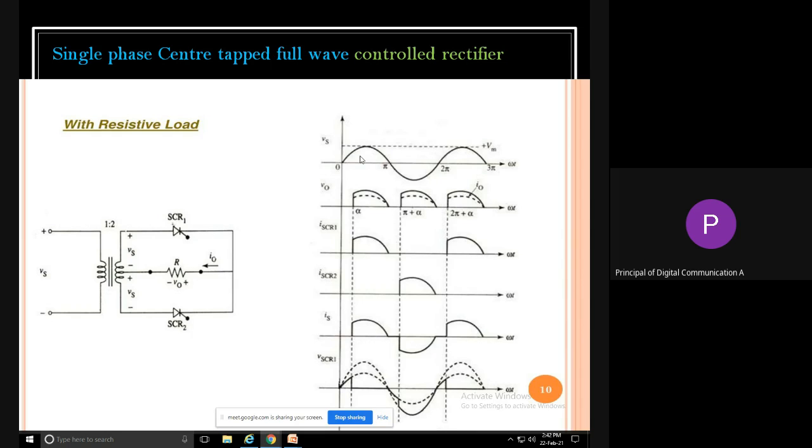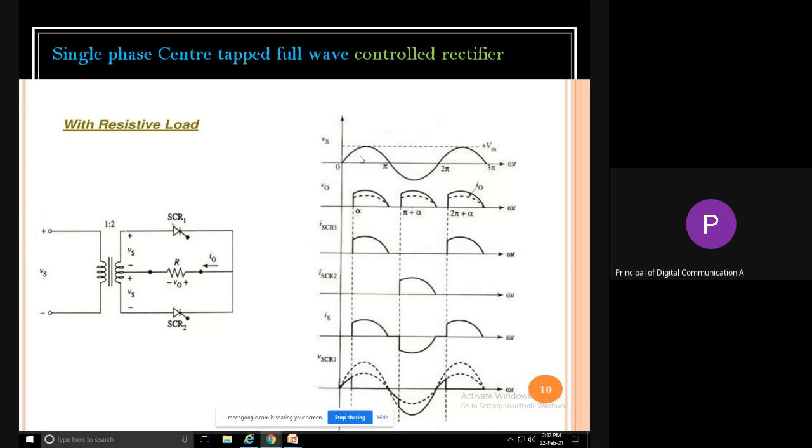Two SCRs, SCR1 and SCR2, are connected as shown in this diagram, with the center tap on the transformer, which is an air filled transformer with a 1:2 turns ratio. What does 1:2 indicate? It is the ratio of the number of turns at the primary to the number of turns at the secondary.